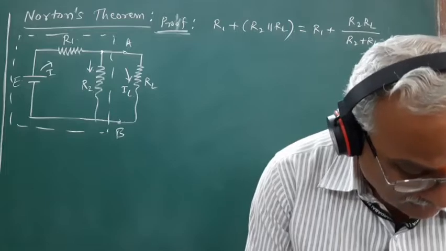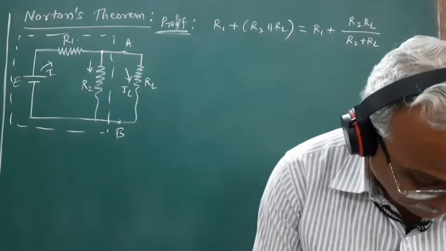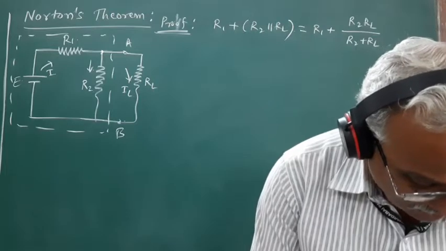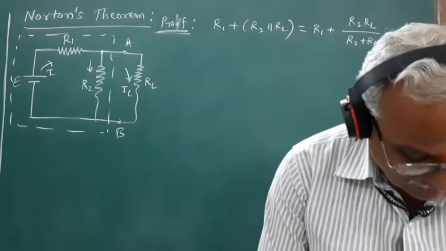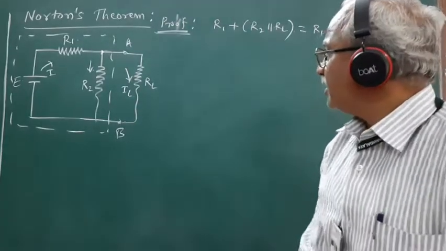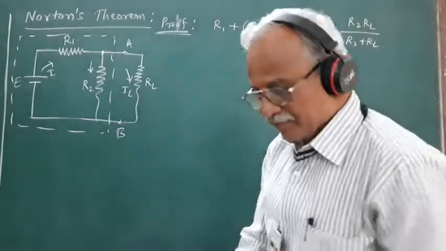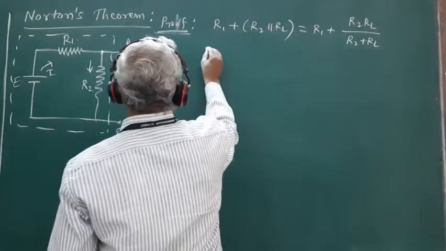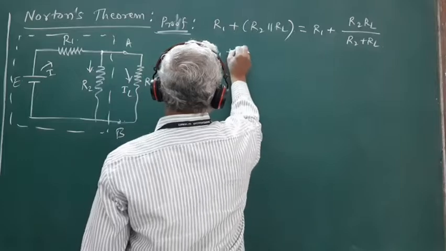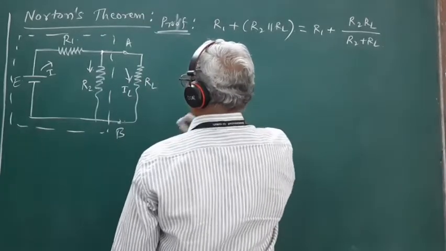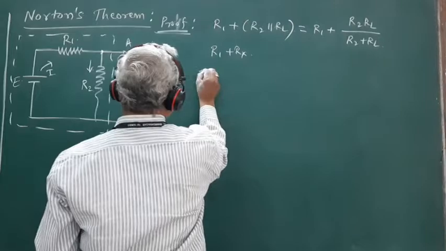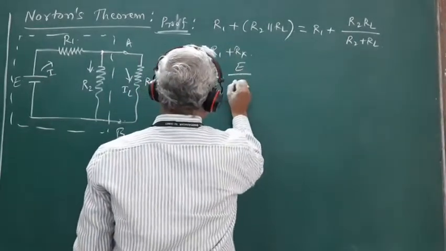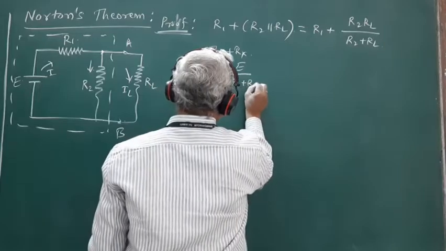Now once we get the total resistance of the circuit, we can find the total current. Let us consider this parallel combination as Rx. So the total resistance of the circuit is R1 plus Rx, and the total current I drawn from the source is E upon R1 plus Rx.